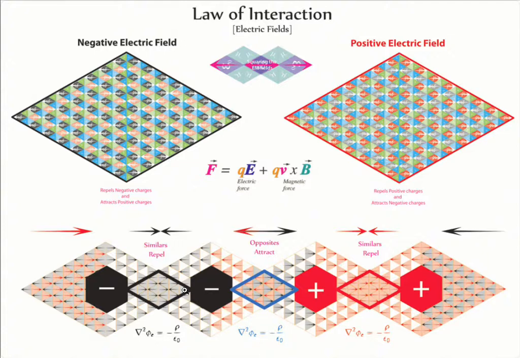So they form a force of repulsion. Whereas in the case of opposite charges, the energy momenta act in unison or act with each other to create an attractive force between the opposite charges.